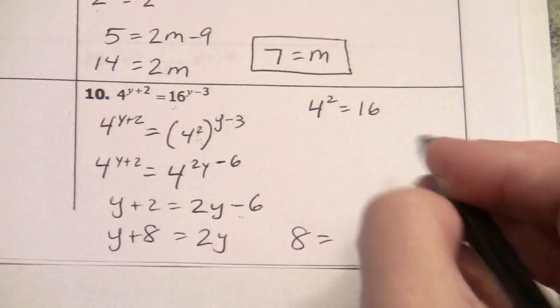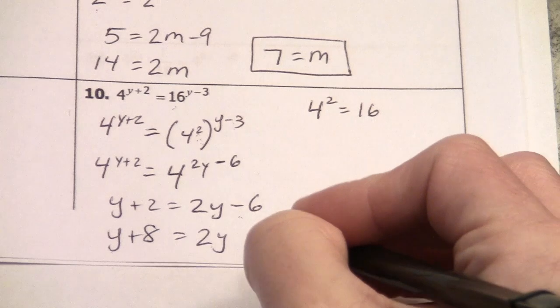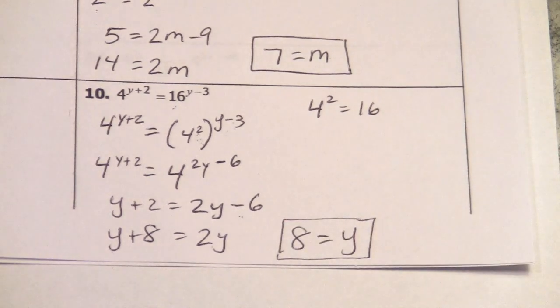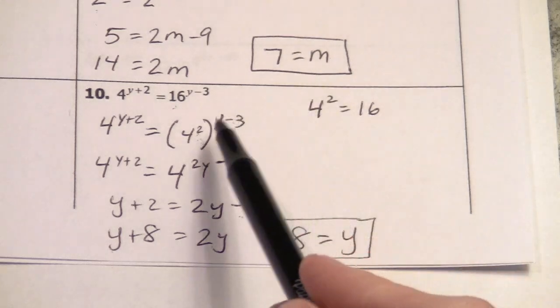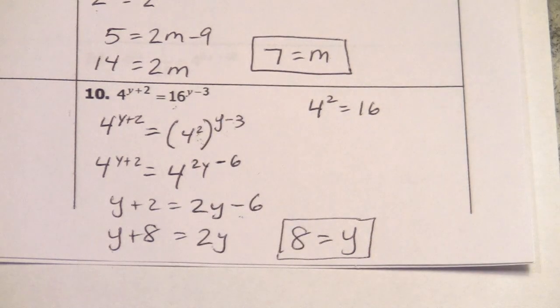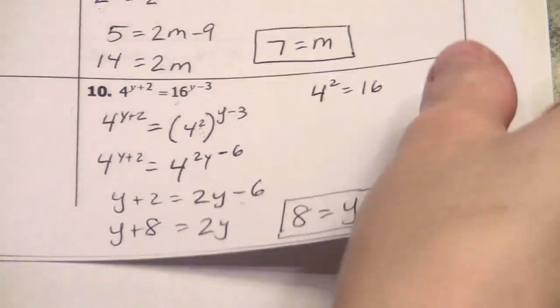If we have 2y, subtract a y, equal to y. So again, a lot like the other ones, the only thing we had to do is an extra power to a power exponent rule, an extra step in there. All right, let's flip to the next page.